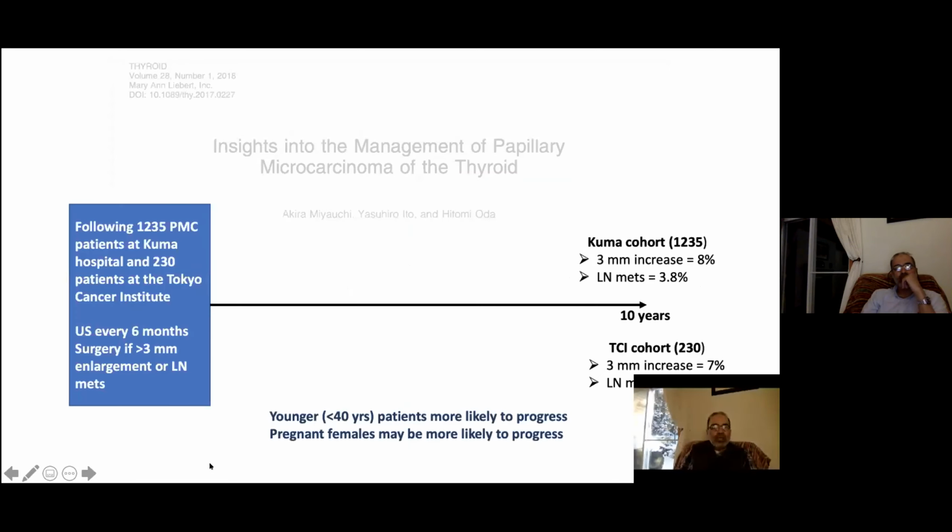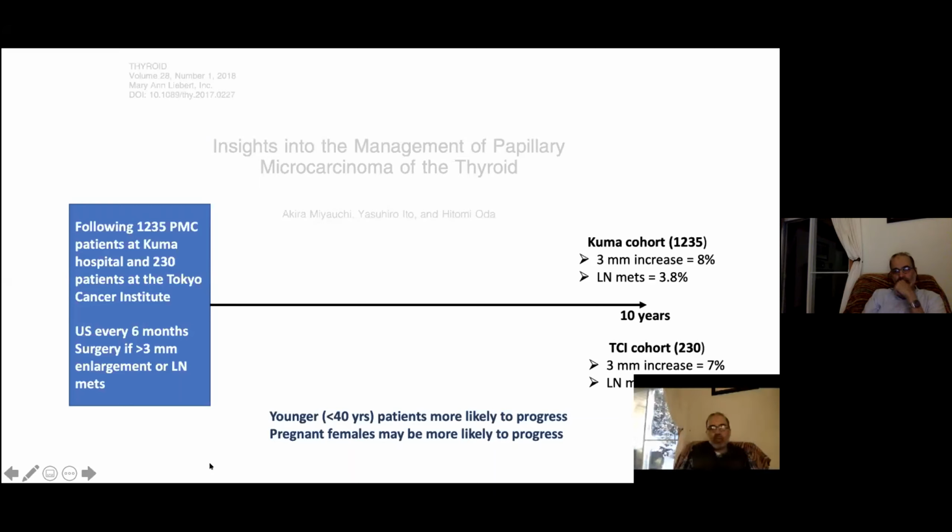What they then did, there are two hospitals. One is the Kuma Hospital, and the other is the Tokyo Cancer Institute. And they followed a number of patients, over 1,200 at the Kuma Hospital, 230 at the Tokyo Cancer Institute. They would scan them through ultrasound every 6 months, and surgery was conducted if there was more than 3 millimeter enlargement or there was evidence of lymph node mets.